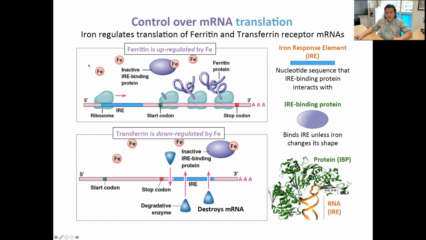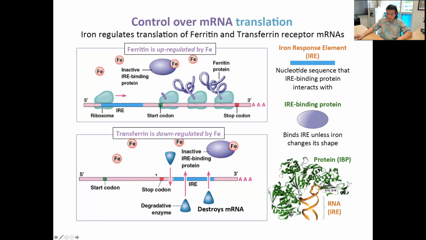On the other hand, getting iron into the cell in the first place is the role of the transferrin receptor. Normally, if there's little iron in the cell, your cell wants to get more iron into it. And so it would need to have these special proteins on the outside that receive transferrin molecules that are carrying the iron around in your blood, and encourage these transferrin molecules to come into the cell to bring the iron.